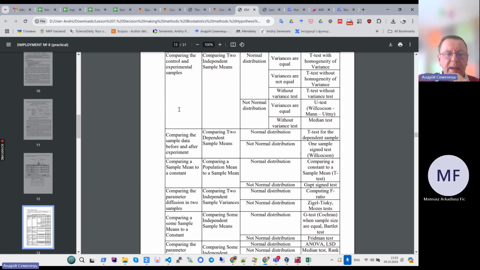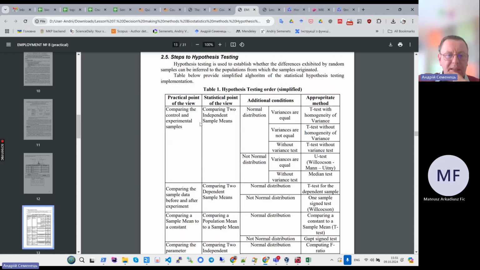So you have to compare those tasks with the real task you were given and find out which one is most similar. The second column from the left then gives you the appropriate statistical hypothesis testing method from a statistical viewpoint, like statistical tasks.